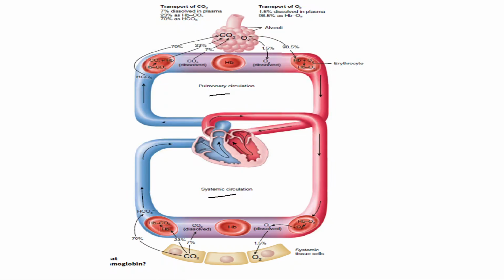It comes back over to the left atrium through the bicuspid valve to the left ventricle, up through the aortic valve, up through the aorta, makes that big curve, and falls down. When we get down here to systemic circulation, this is where you have the exchange of O2 to the cell and CO2 going back into the red blood cell.